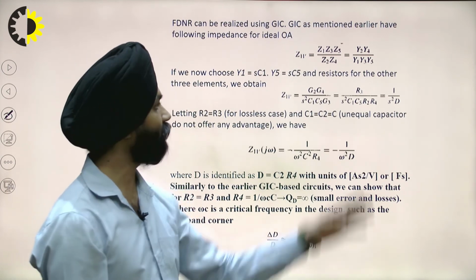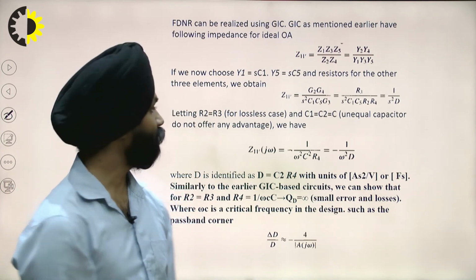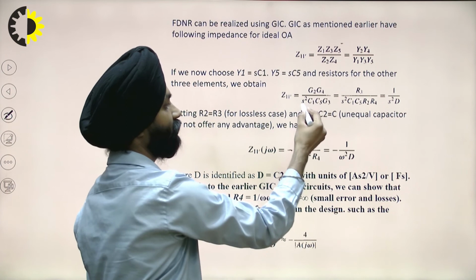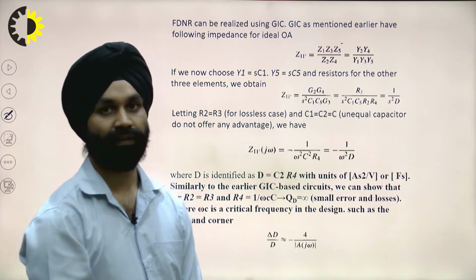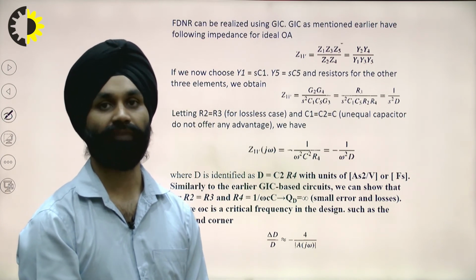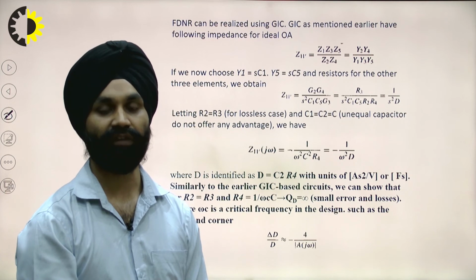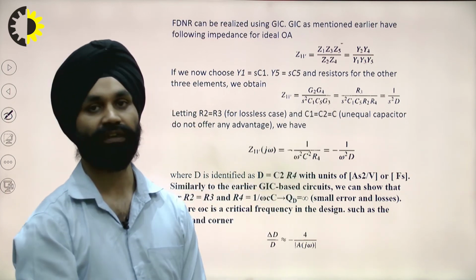Replacing these as capacitors, it will be S into C1 and C5, and the others are resistive, so we can take them as G4, G3 and G2.